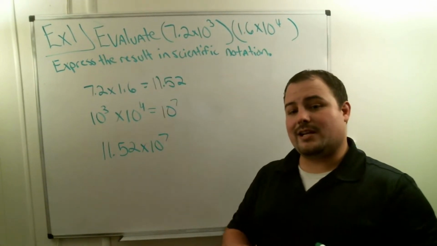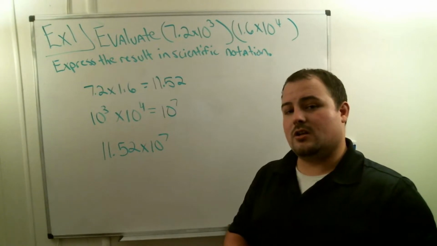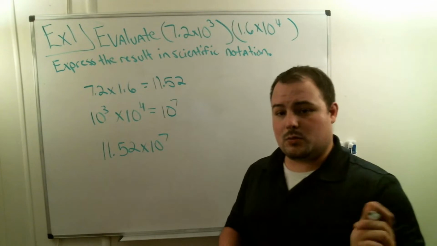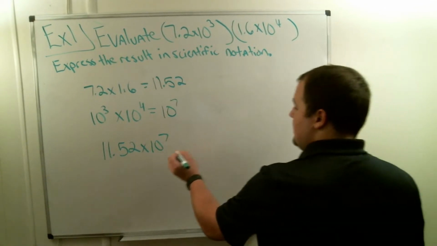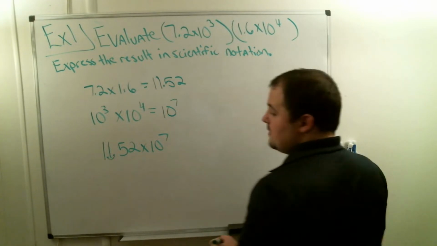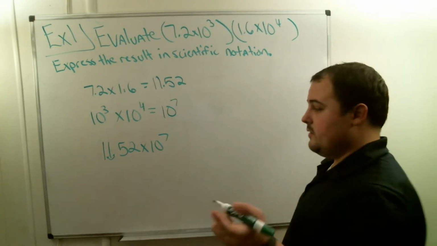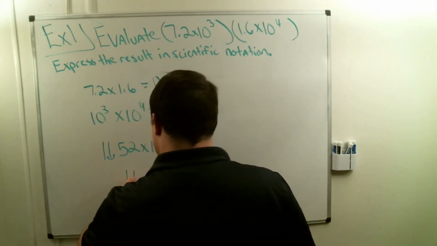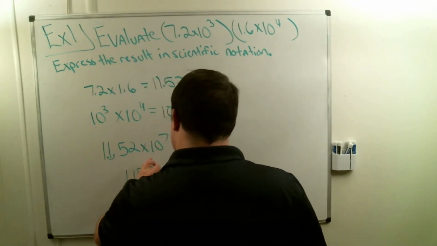And this is technically not written in scientific notation, because in order to write this in scientific notation, our number has to be between 1 and 10. Well, if I move the decimal one place to the left, it's going to be 1.152 instead of 11.52. So I have 1.152 times 10.